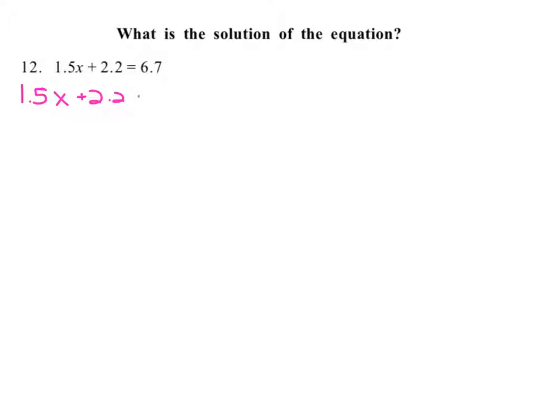and we subtract the amount away that we want to go away, minus 2.2 equals 6.7, what was already on that side, minus 2.2. And then we get 1.5x equals 4.5. Now what's happening to x being multiplied by 1.5?